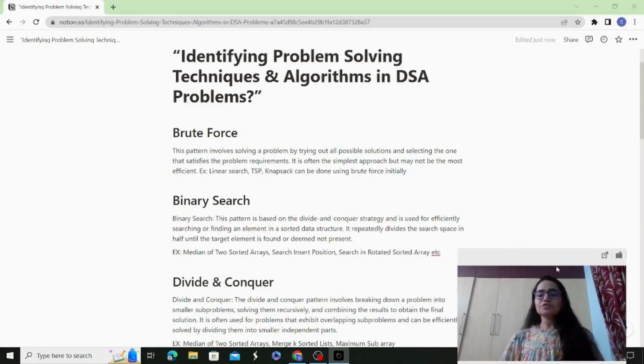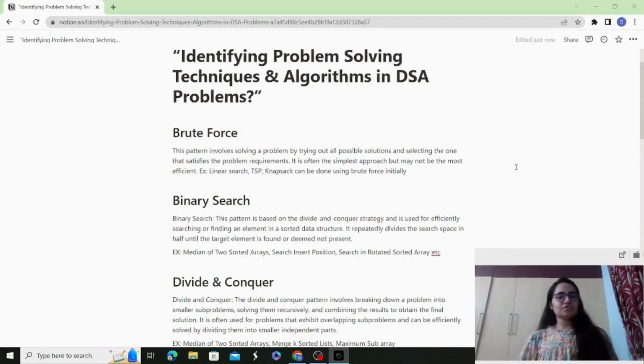So today, welcome to this particular video on data structures and algorithms topic. After practicing so many DSA problems, even on different coding platforms, a very important point to understand is how to identify which problem solving technique or algorithm to use, because the problems are very diverse, and there are varied approaches to all of them.